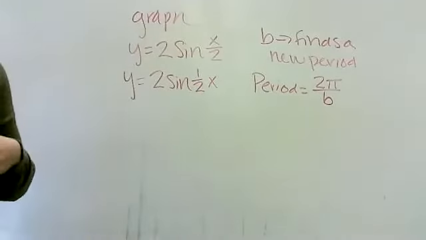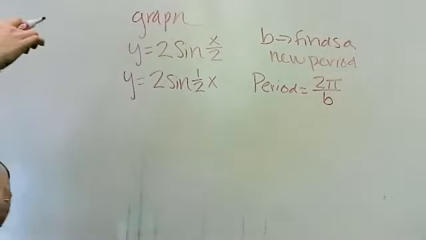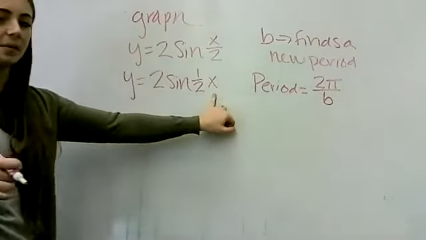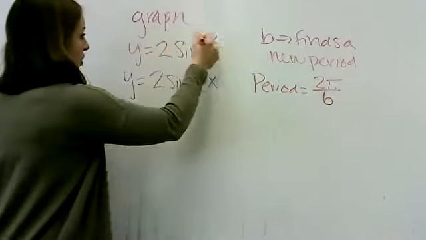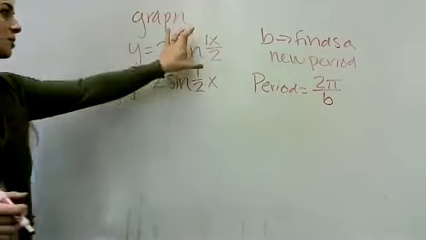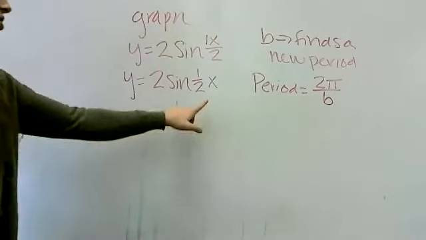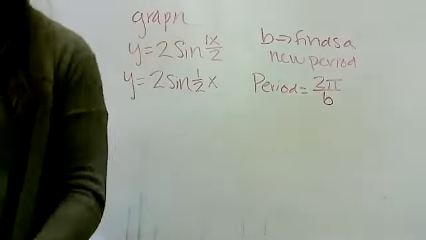So we can change this function from y equals 2 sine x over 2 to 2 sine 1/2 times x. Again, we pulled out this fraction. When we have 1x over 2, that technically is pulling out the fraction of 1/2 multiplied by x. Is this step, going from this step to this step, good? Do you have questions on that?